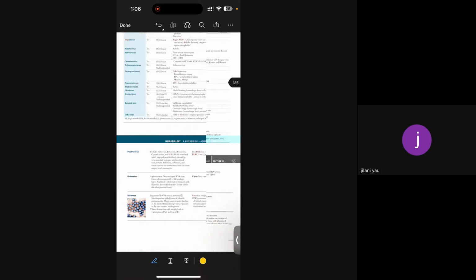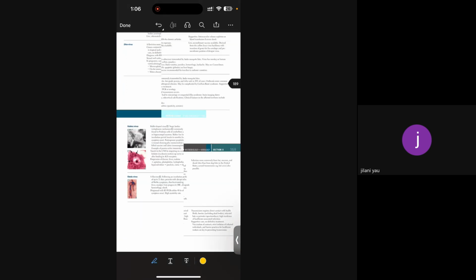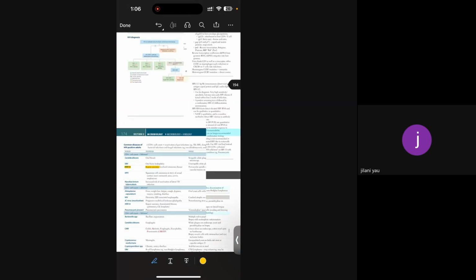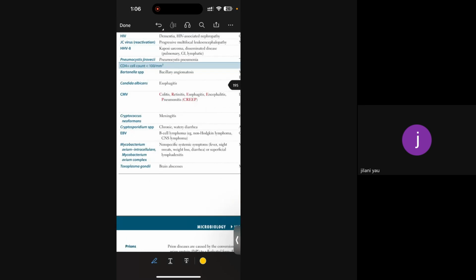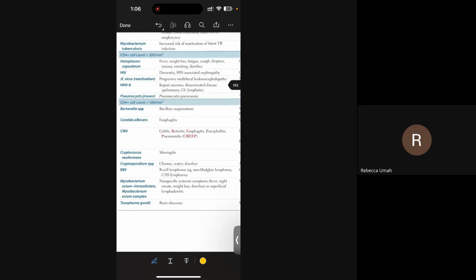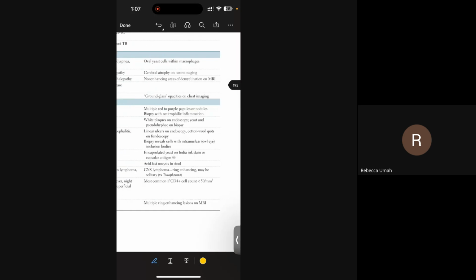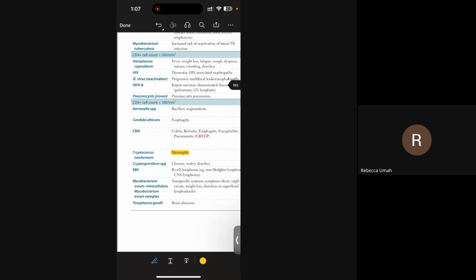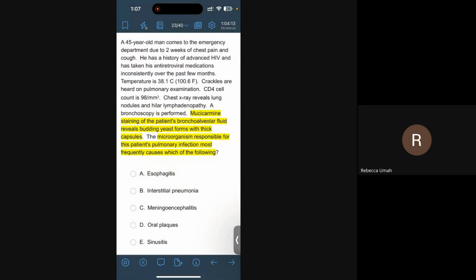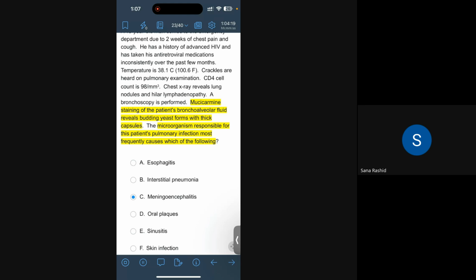Pneumonia, meningitis, encephalitis, and the CD4 count should be less than 100. It causes meningitis, an encapsulated yeast seen on India ink stain. So the answer here would be C, meningoencephalitis.